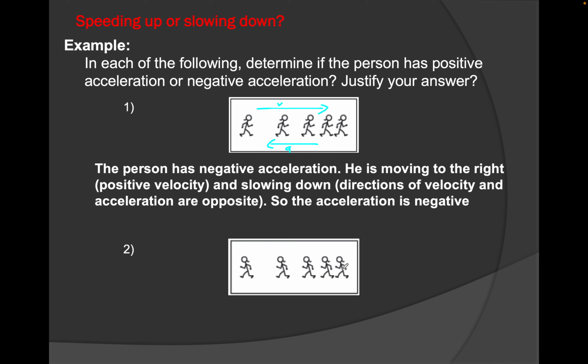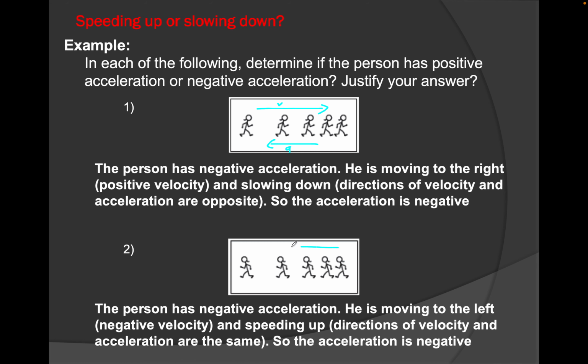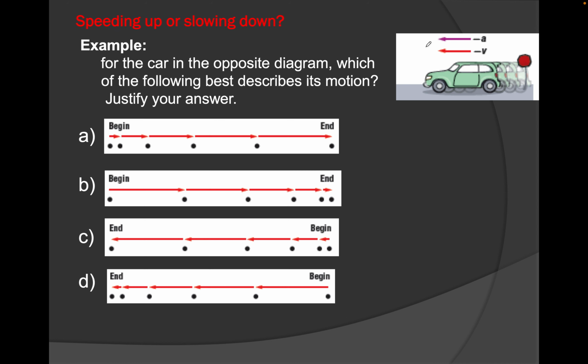Look at the left one here. He is going to the left, and his acceleration is also to the left because he is getting bigger distances. He is speeding up to the left. As you remember from before, right is positive and left is negative. Likewise, up is positive and down is negative. So keep that in mind.